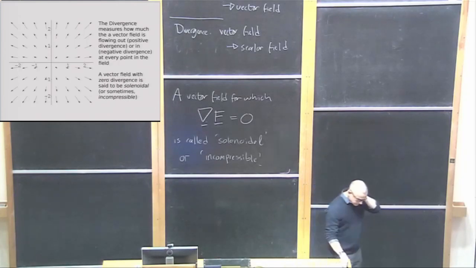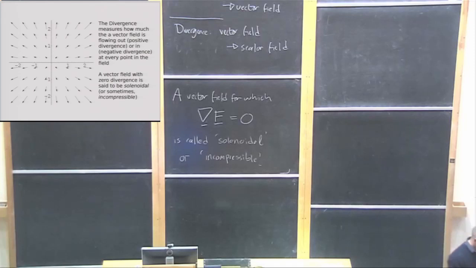Okay, so here's a two-dimensional sketch of a vector field, and as I said, the divergence measures how much the vector field is flowing out of some given point in your vector field, which would be a positive divergence. Okay, so if you draw a small area, we'll come to the definition of the divergence in a moment.